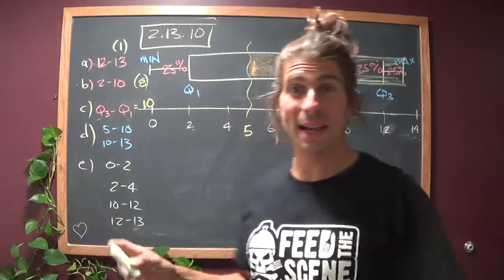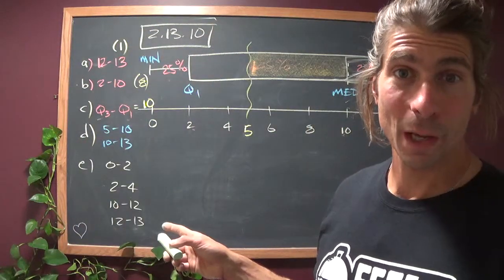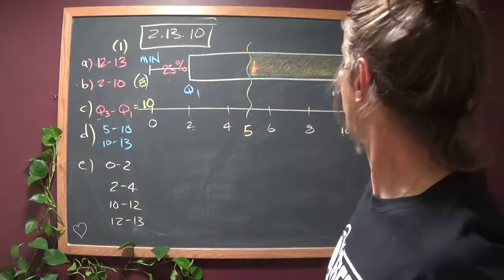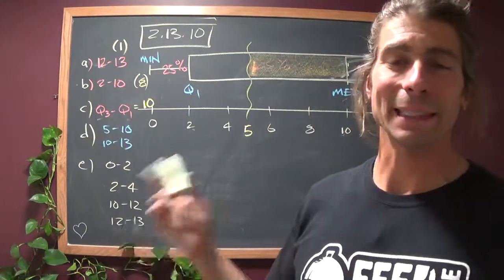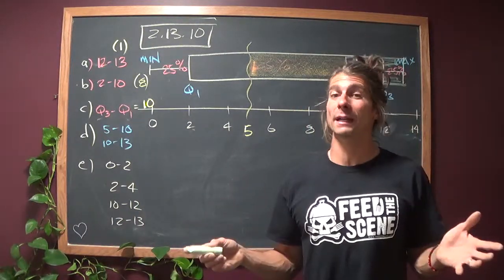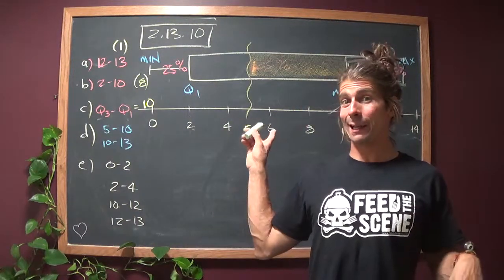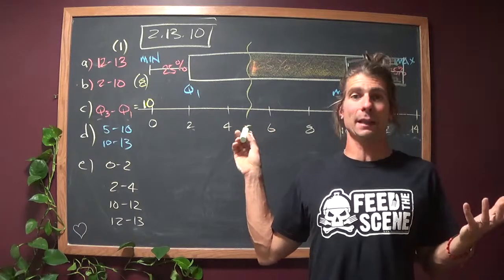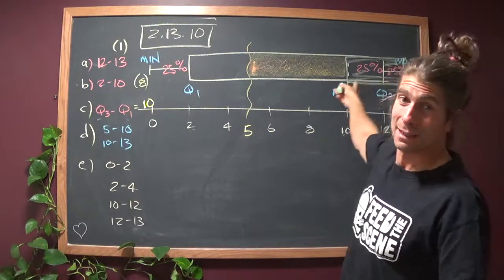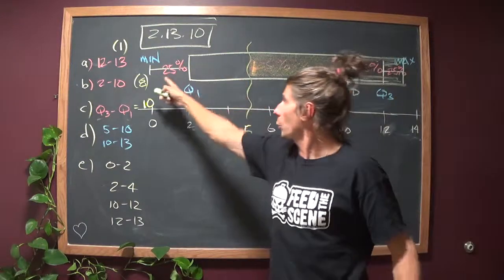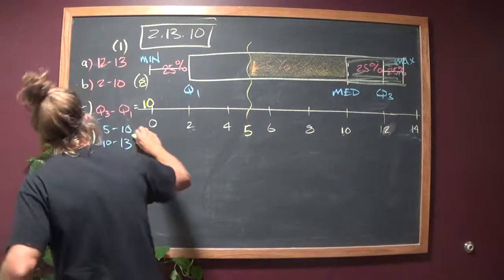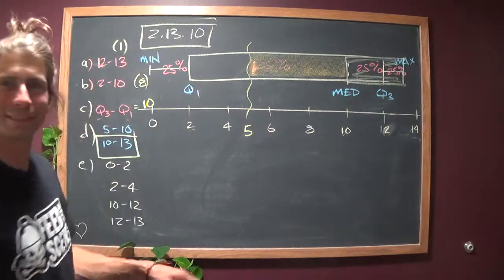If half of the data lies above the median, can we make a conclusion about the percentage of data that lies between 5 and the median? Exactly. It's got to be less. I don't know exactly what it is, but I know it's got to be less than 50%, less than what's over here in green, because it doesn't go all the way down to the min. So clearly there are more data points in 10 through 13.